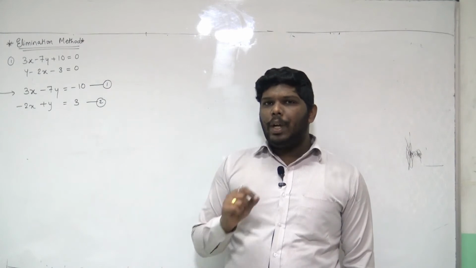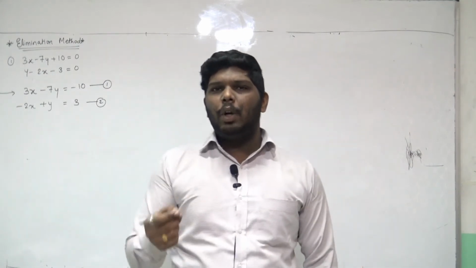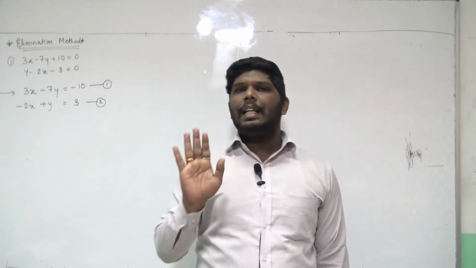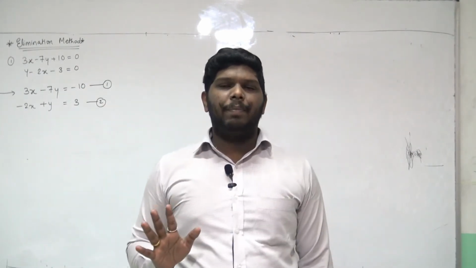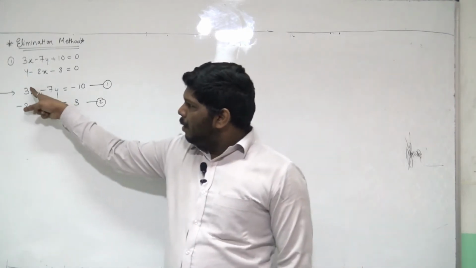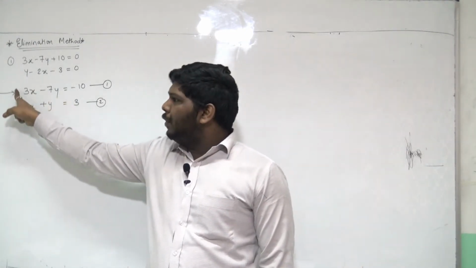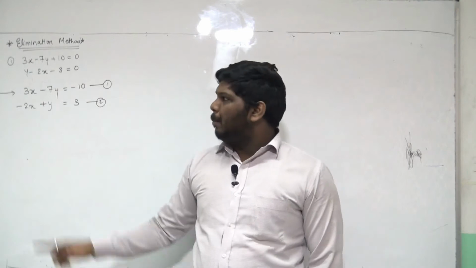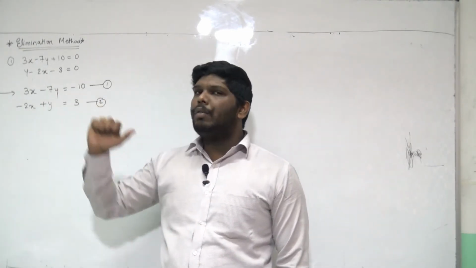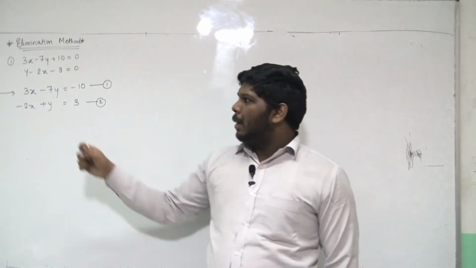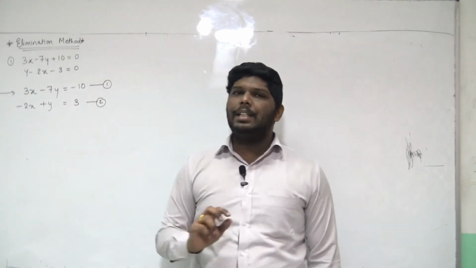In this case I will always suggest, if the coefficients are not same, select the variable whose at least one coefficient is 1. Here the x coefficients are not 1, but in case of y, the coefficient of y in the second equation is 1. So making the coefficients same becomes an easy task.